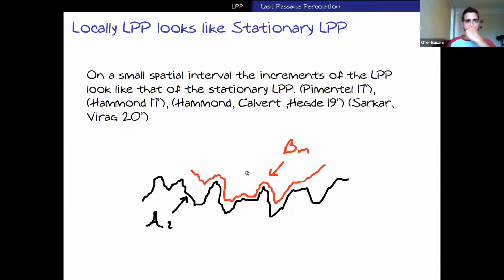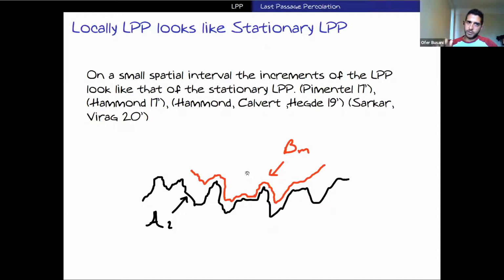One interesting point that we will touch on a bit later is that locally, when I say LPP, I usually mean a point-to-point LPP. So locally, LPP looks like stationary LPP. What do I mean by that? We had this functional limit, right?